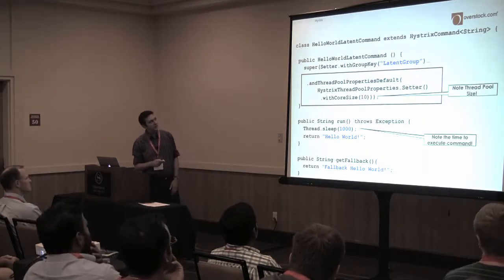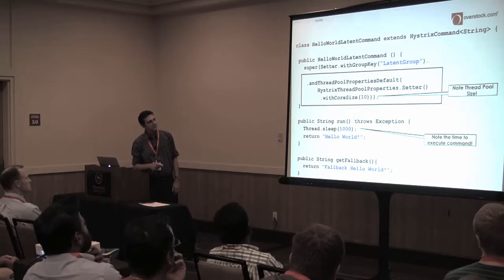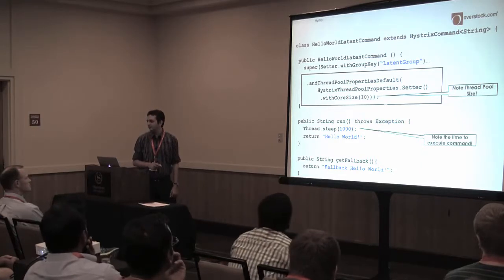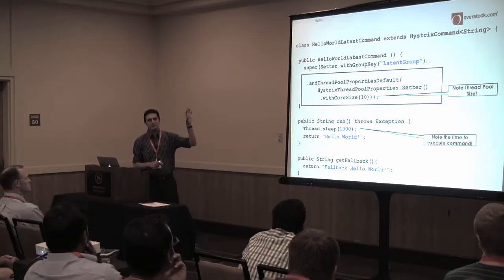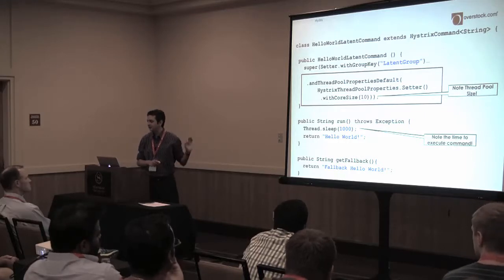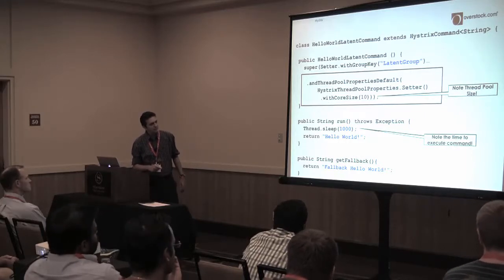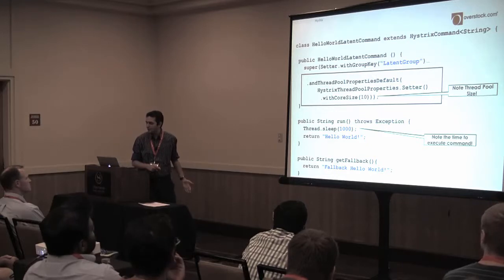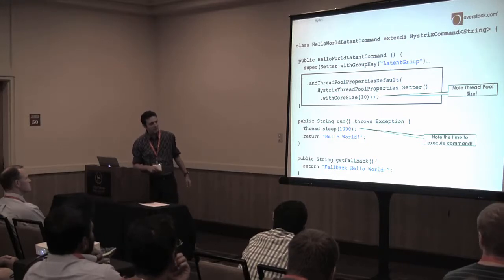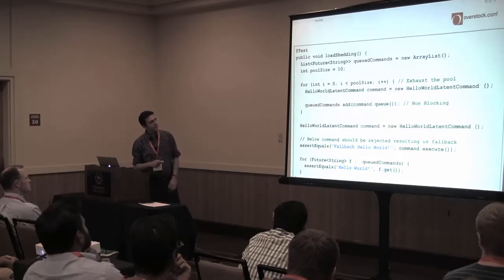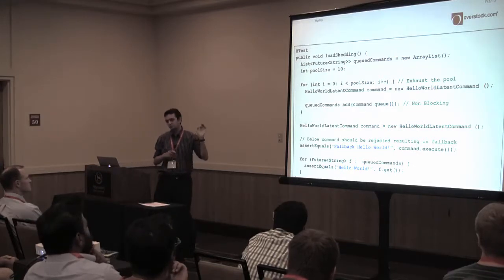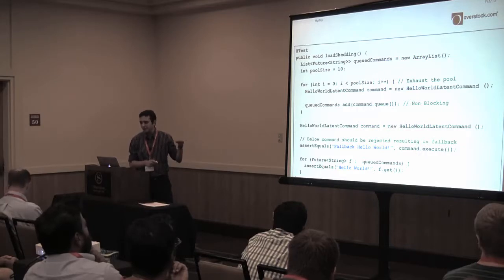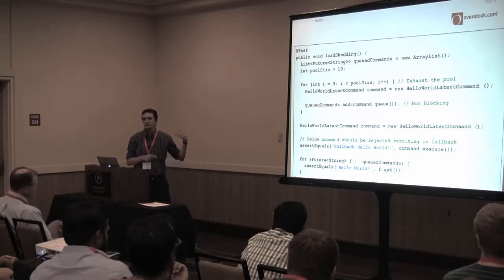So to test our hello world latent command, I'm setting a pool size of 10. So I'm saying this command, whenever you execute it, can use only 10 threads. During the run process, I'm sleeping again for a second, and we have the fallback down here. In a unit test on that, I'm going to loop from 0 to the pool size and enqueue 10 requests.